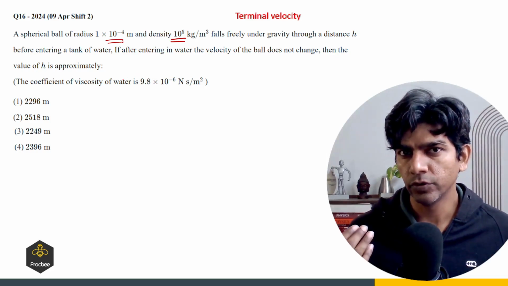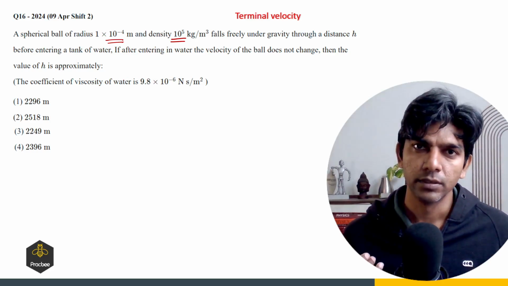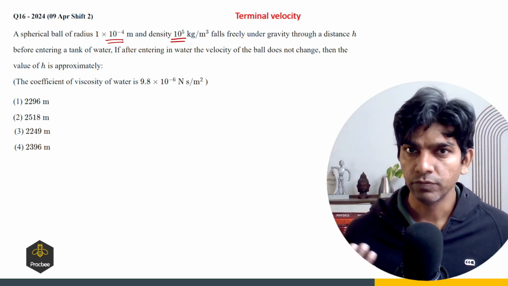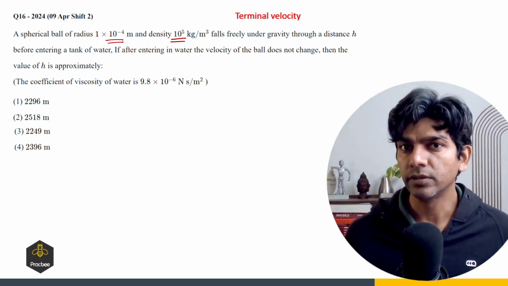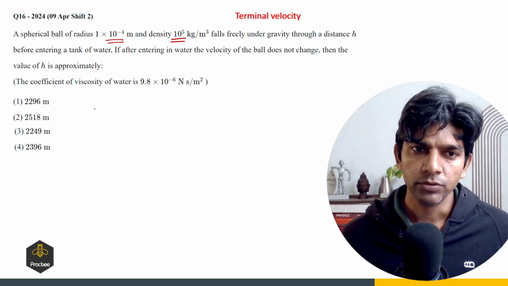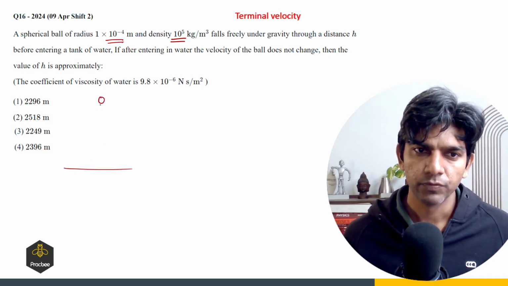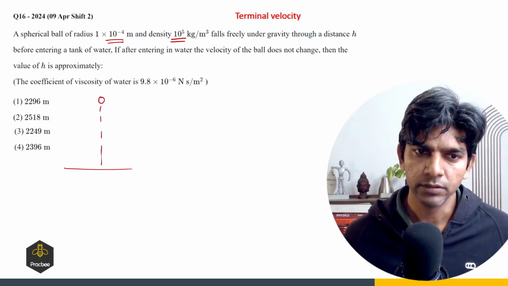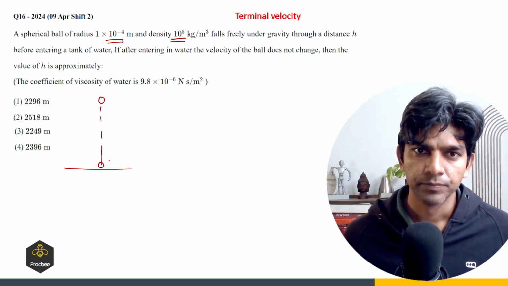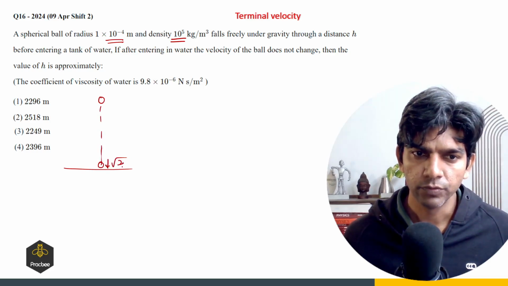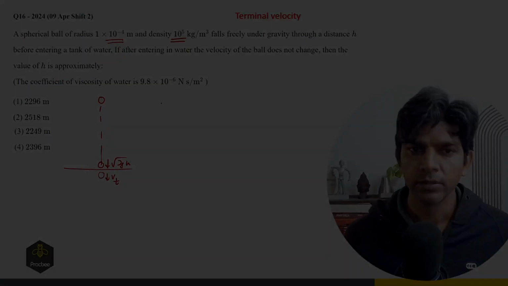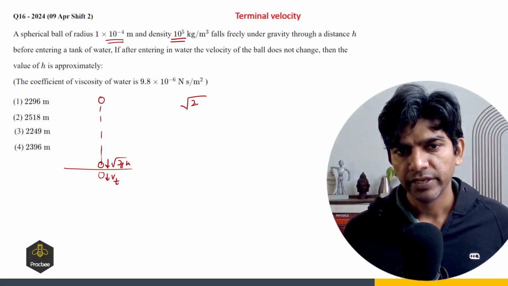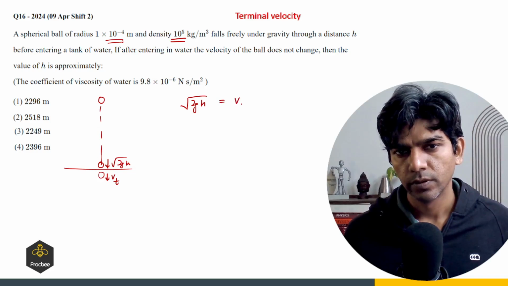So it means the velocity just before hitting the water surface will be root of 2gh, and that velocity is nothing but the terminal velocity. Okay, so in this case we are dropping a ball from a height. So just before hitting the water surface, this velocity will be root of 2gh, and in water it starts moving with the terminal velocity. So here root of 2gh will be equal to vt.